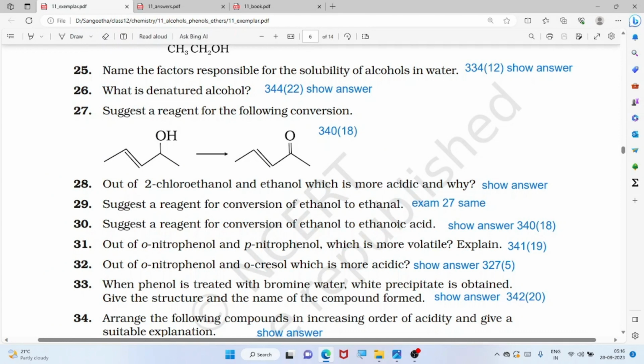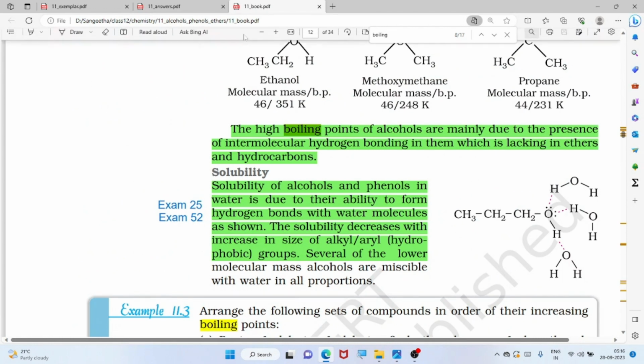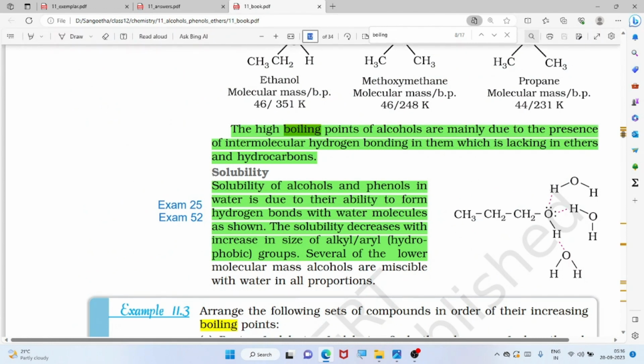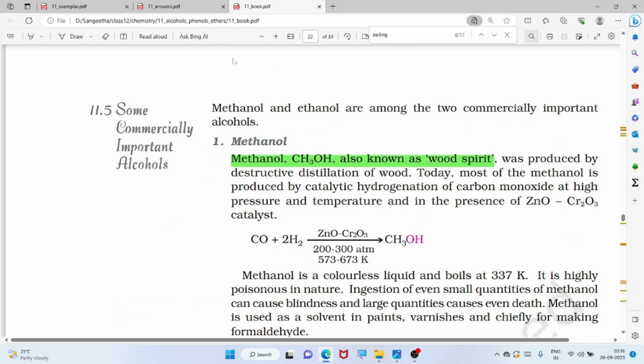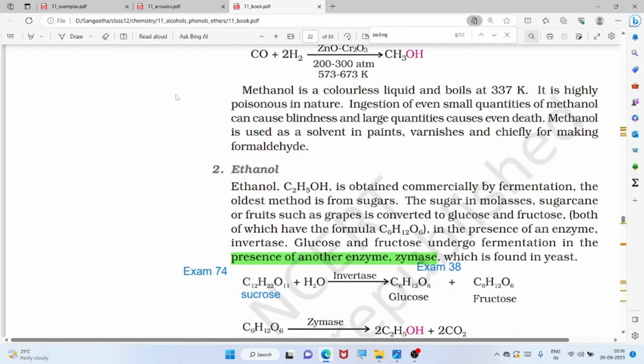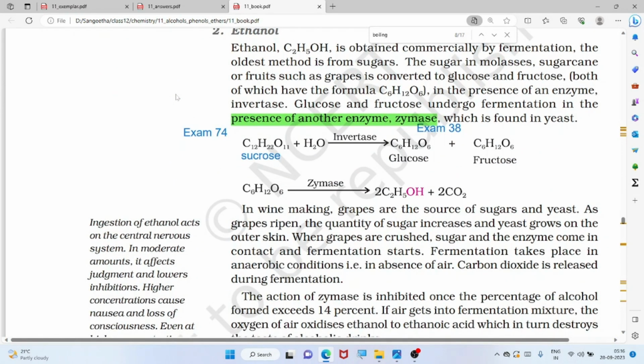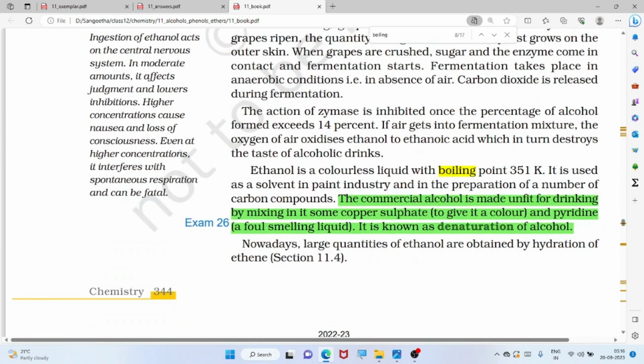What is denatured alcohol? The commercial alcohol is made undrinkable, okay, this is known as denaturation of the alcohol, by mixing some copper sulfate and pyridine.